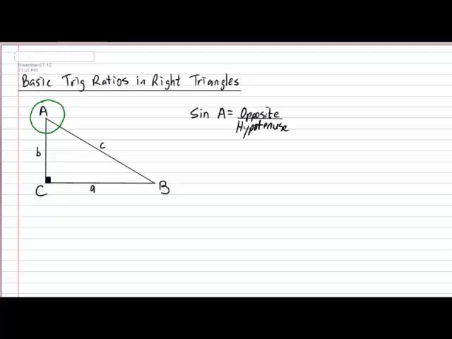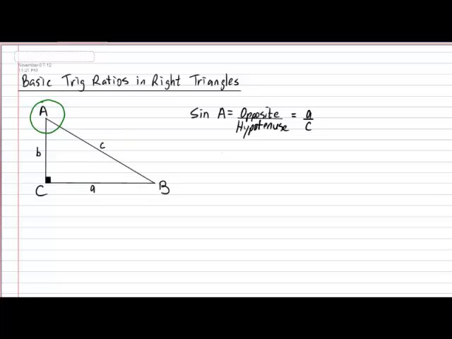And if we were to use the variables that have been set up for you in the diagram, that would equal the opposing side, which is denoted by the small letter a, divided by the hypotenuse, which is denoted with the letter C.